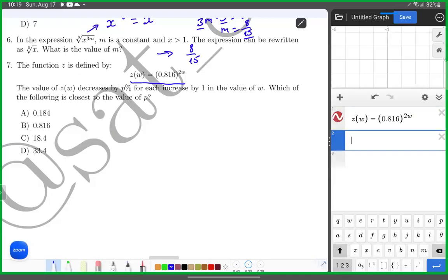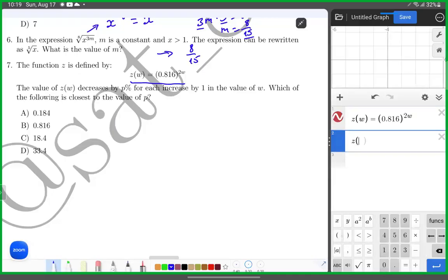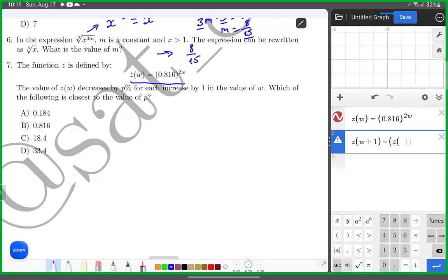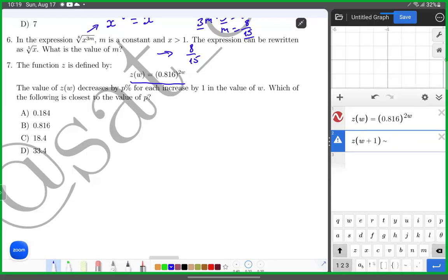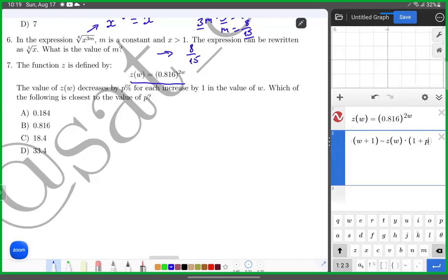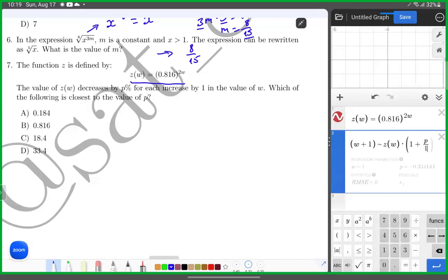Here your function, when your z increases by 1, the initial function z of w increases by p%. When something increases by p%, it will be 1 plus p over 100. Guys, you must know this rule while increasing some value.